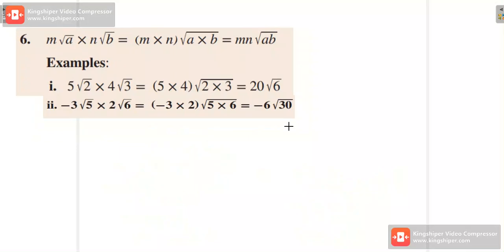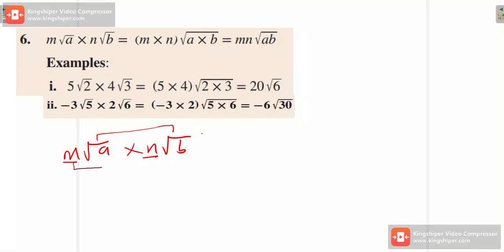The next one is M root of A times N root of B. Here the rational numbers are different and the radicals are also different. So what do we do?